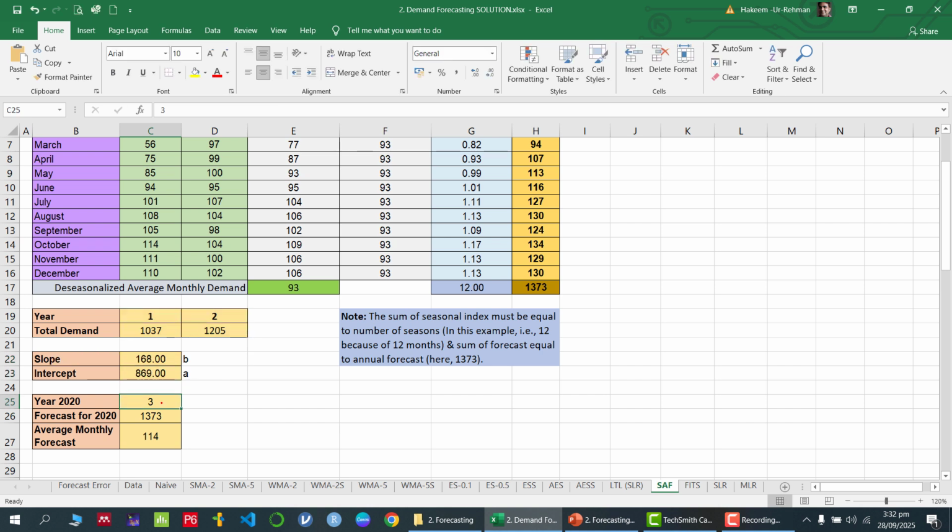Then for year 3 we forecast, which is a plus b times 3, where 3 is the time period. So we get this forecast value for the year 2020. To calculate the forecasted value for the average monthly demand, we divide by the number of seasons, which is 12.